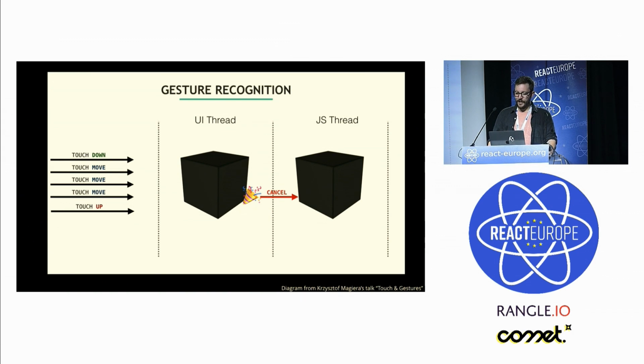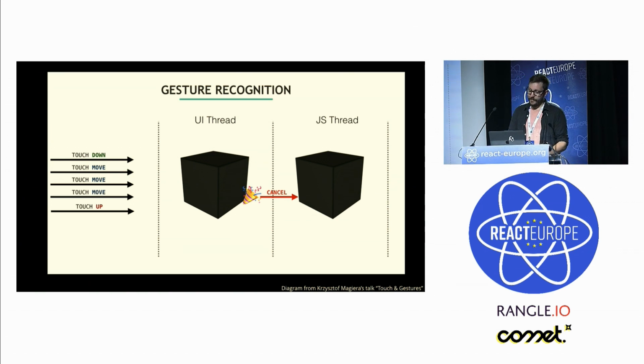What happens is that because you've placed your finger there, the touch event says, okay, there's a touch on this component, so clearly I should recognize on the JavaScript thread. But as the scroll starts happening on the UI thread, it has to say, okay, we've recognized that the scroll view gesture is now occurring. And so it has to tell the JavaScript responder to cancel any recognizers that are active at the moment.